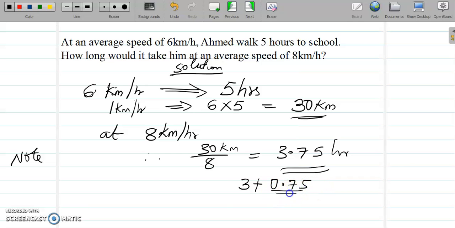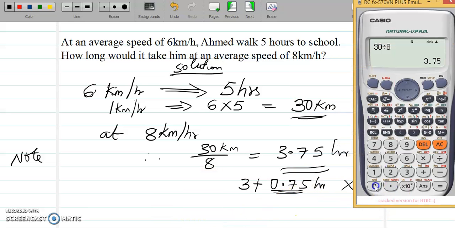Now, if I want to convert this 0.75 hour to minutes, what I have to do is multiply by 60. If it's in minutes and you want to convert to hours, divide it by 60. Now, for me to convert 0.75 to minutes, I will multiply 0.75 by 60.